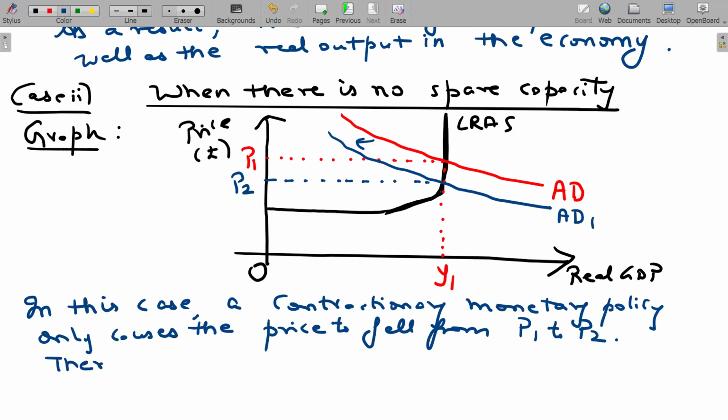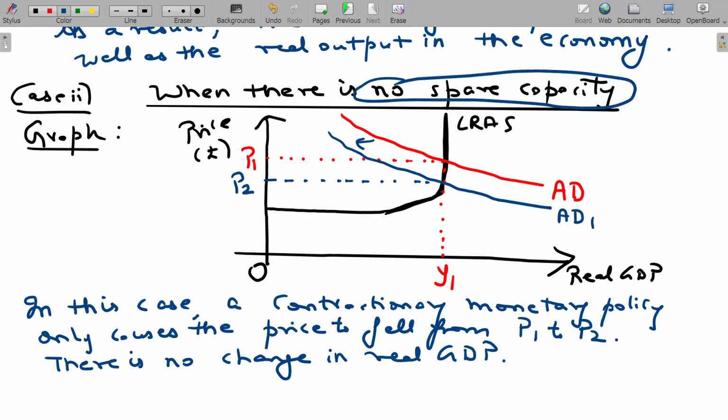There is no change in the real GDP. That means the real GDP will change only when there is spare capacity or idle resources lying in the economy. When there is no spare capacity, only prices change because of expansionary or contractionary monetary policy. Okay, the real GDP does not change when there is no spare capacity.